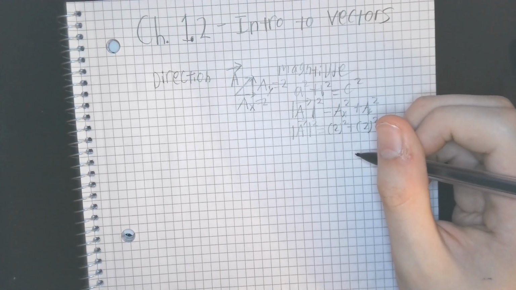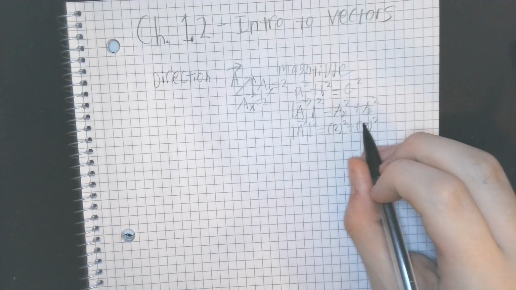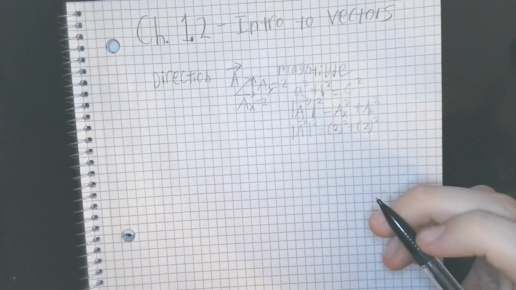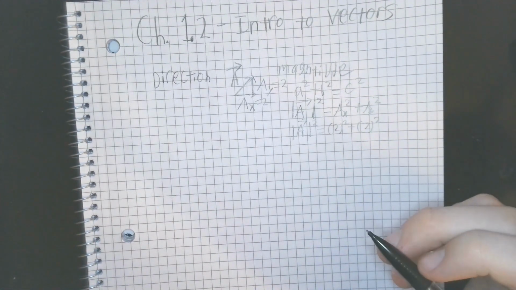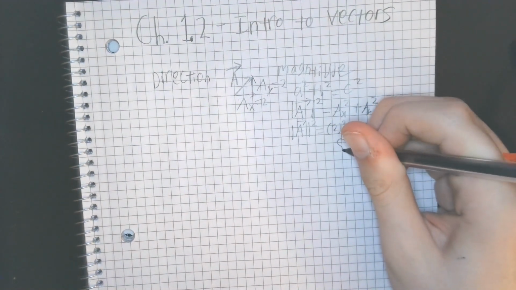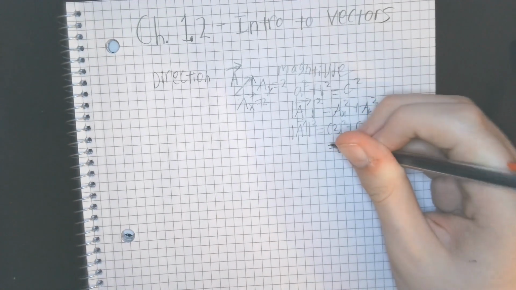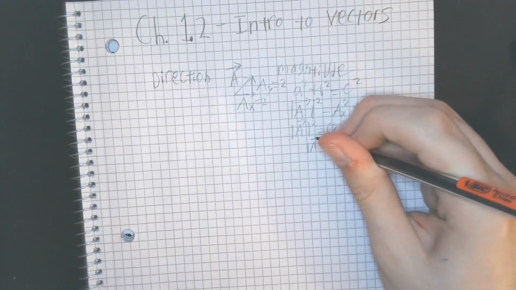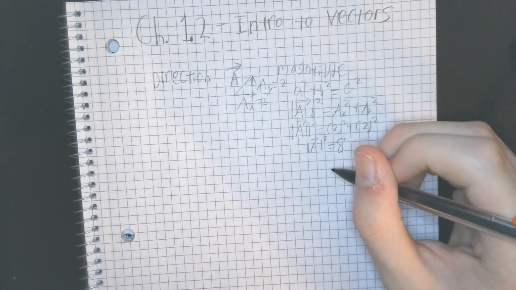Now we can add this quantity up. You could get out your calculator, but you can probably do this in your head. It's just 4 plus 4, which is 8, which equals the magnitude of A squared.